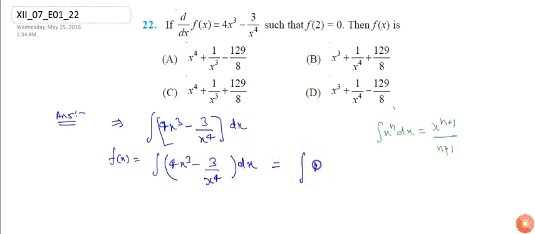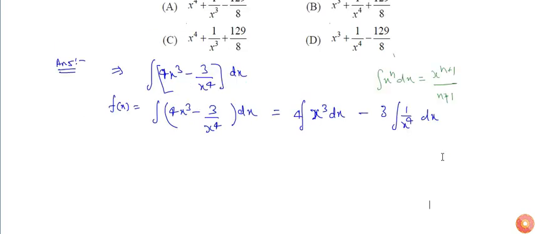By separating it, 4 times the integration of x^3 dx minus 3 times the integration of 1 by x^4 dx. Since integration is with respect to x here, the constant will be out of the integration.